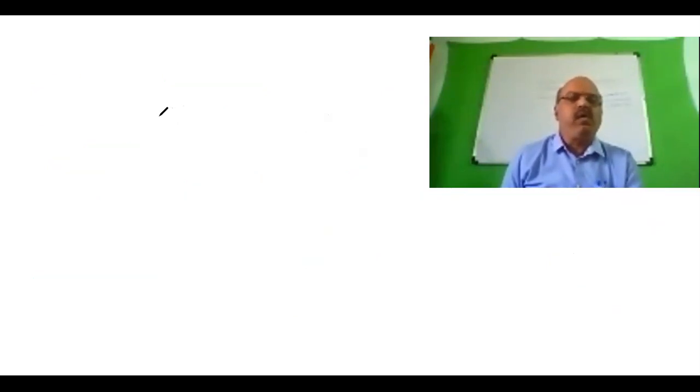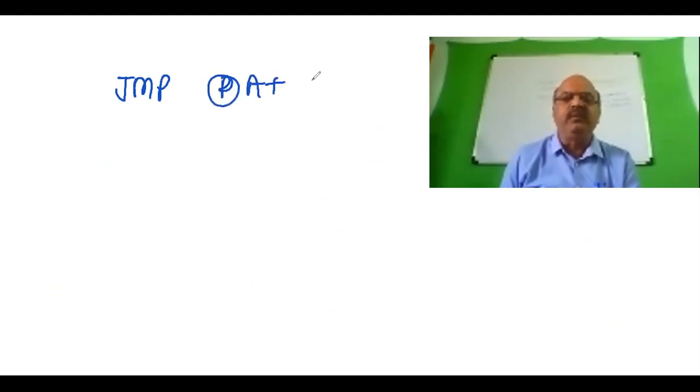Now, one more unconditional jump instruction is JMP @A+DPTR, where the address is given as the address at A plus DPTR.